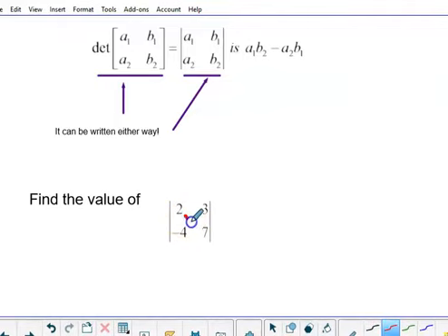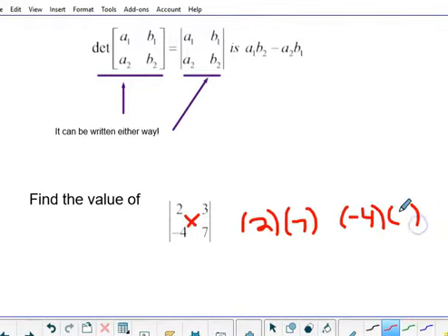If I look at this example here, the downs are 2 times 7. And the ups are -4 times 3. We're going to take the answers to those and subtract them, because notice there's a little minus sign in between there.